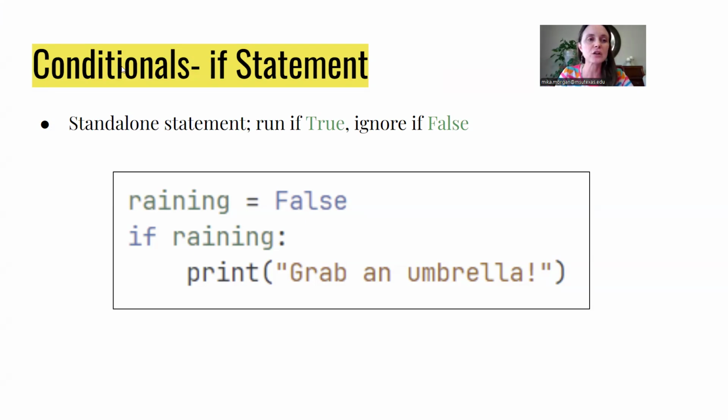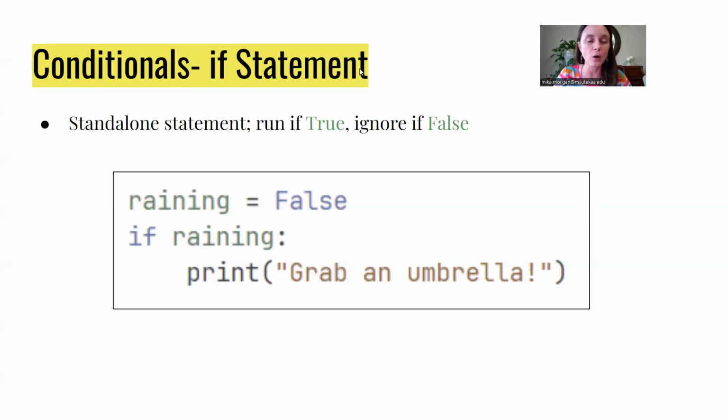So when I have a conditional, I'm going to have some sort of test, and the computer evaluates that test. And then if it is true, then it will go ahead and enter into that branch and run whatever code we give it.